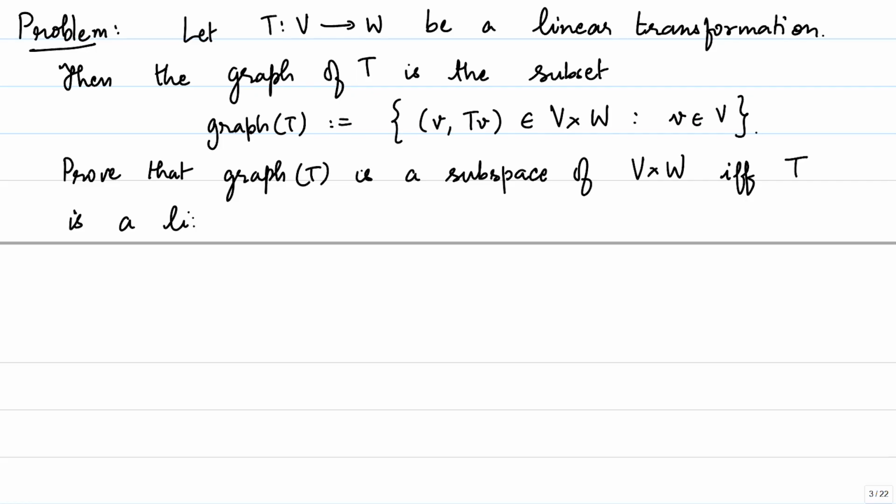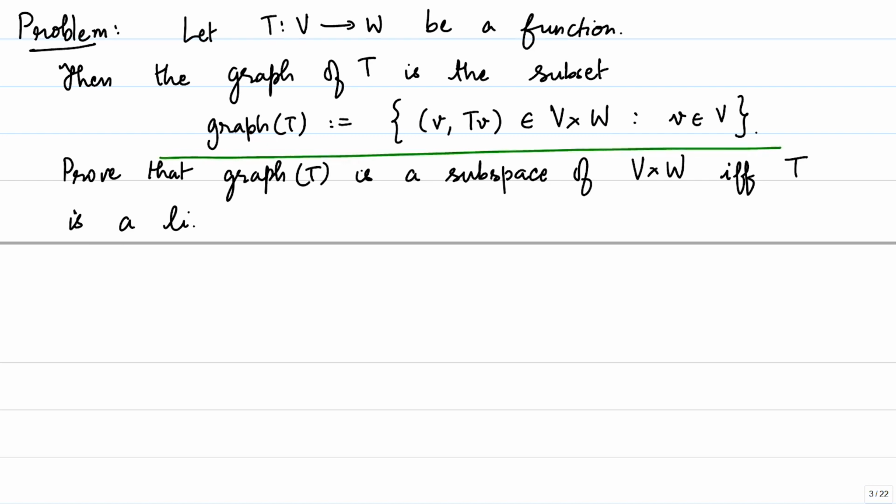Okay, so I should maybe change the problem a bit. We needn't have started with a linear transformation; let T be a function, and still we can talk about the graph of the function T in this manner, in the definition which I have just underlined in green.